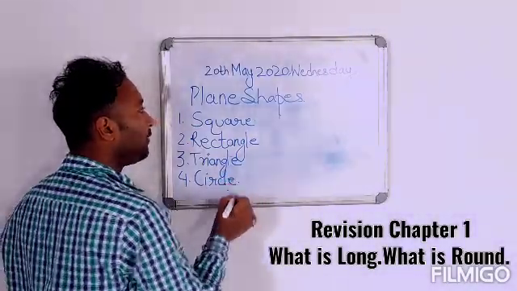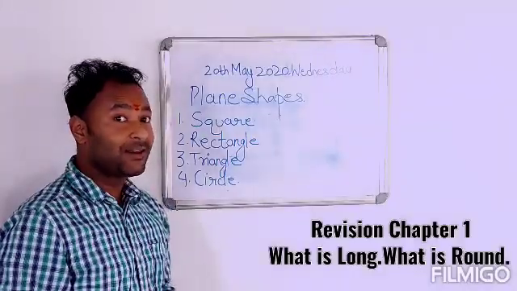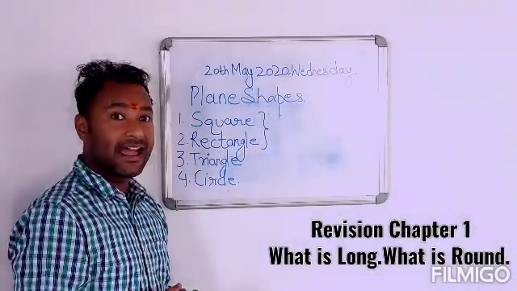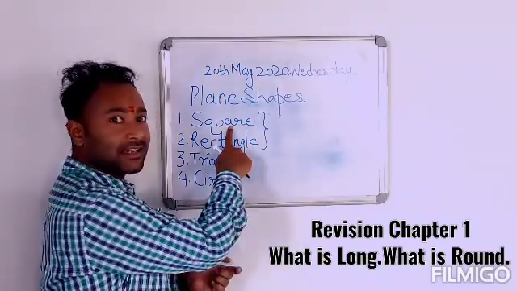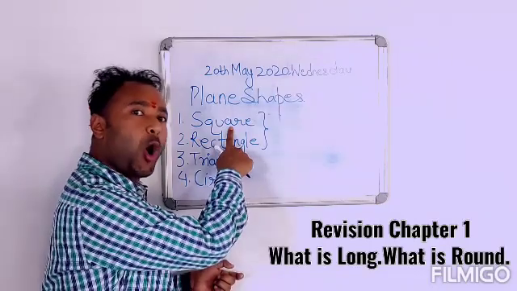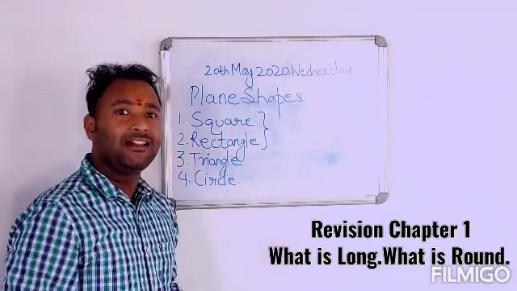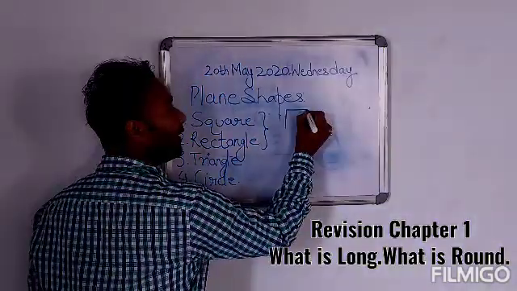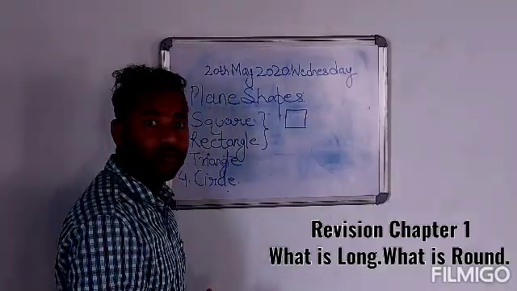Now students, now you know the plane shapes, but can you please tell me what is the difference between square and rectangle? Yes, square is a shape which has all equal sides. If I draw the shape of a square, you can see that all the sides are equal.